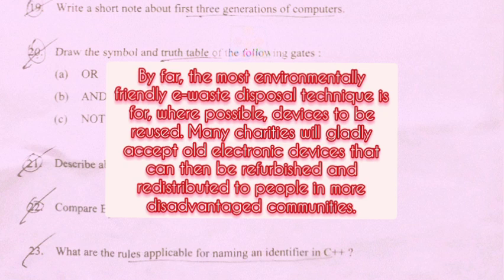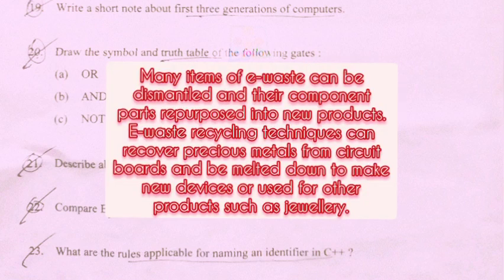3. Reuse. By far, the most environmentally friendly e-waste disposal technique is for, where possible, devices to be reused. Many charities will gladly accept all electronic devices that can then be refurbished and redistributed to people in more disadvantaged communities. 4.